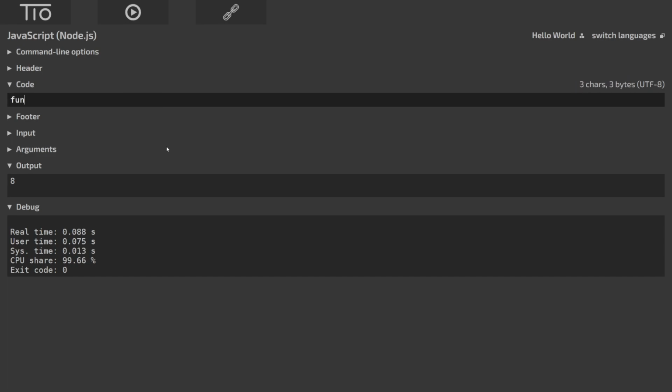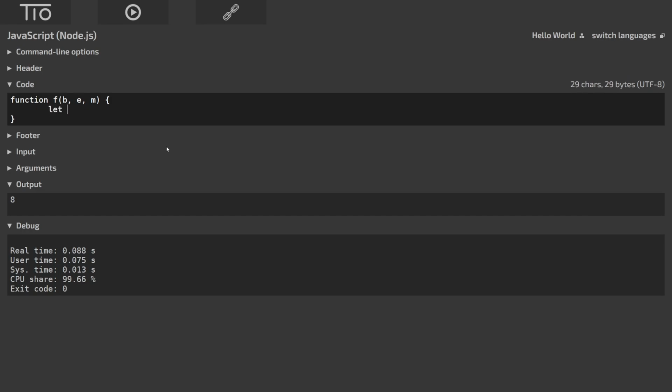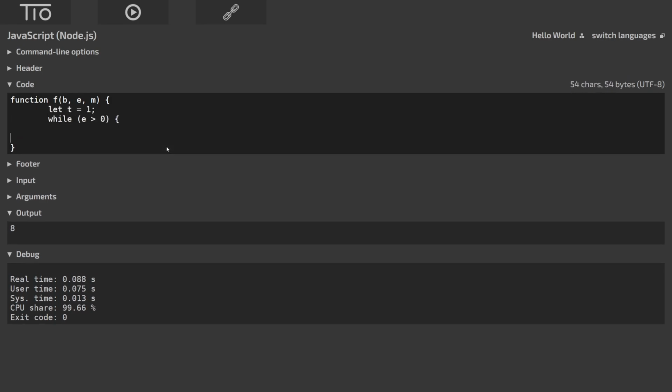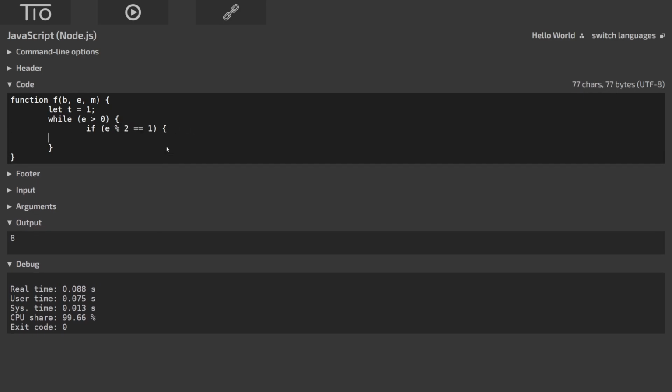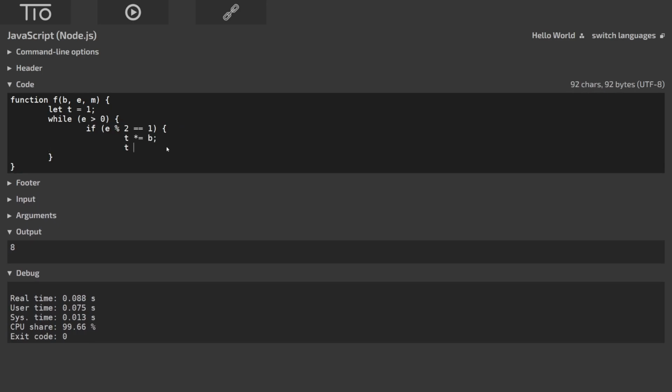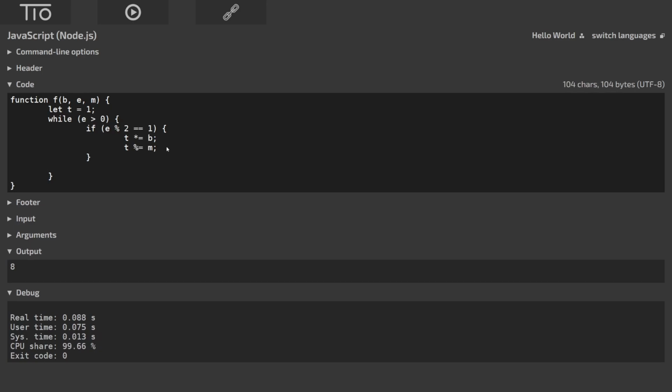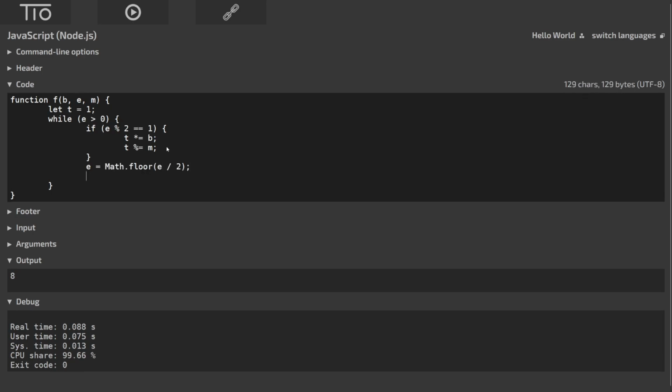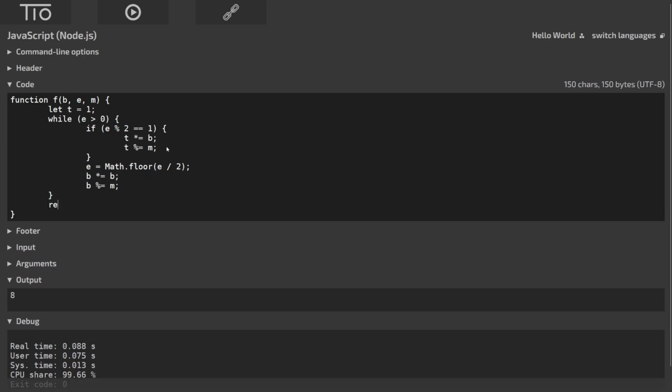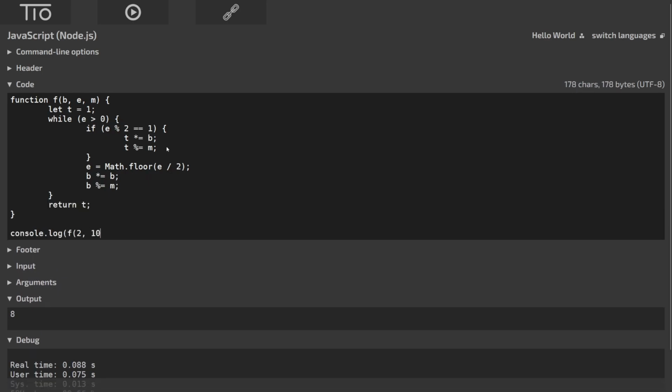And so in JavaScript, this is what it would look like. And so that's how it would look in JavaScript.